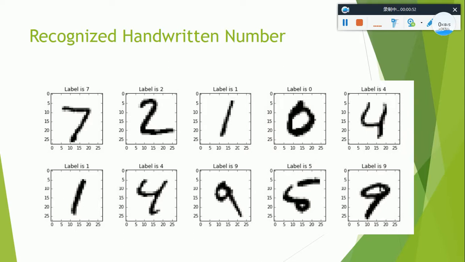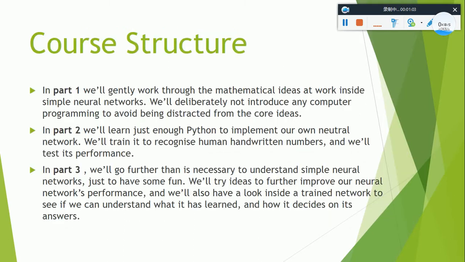So how can the computer do this? How can the neural network recognize all these numbers? Let's begin our course.